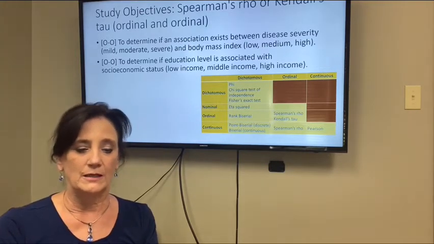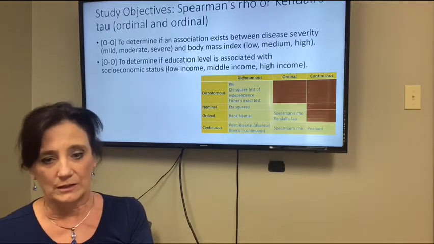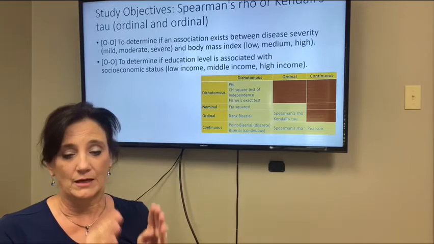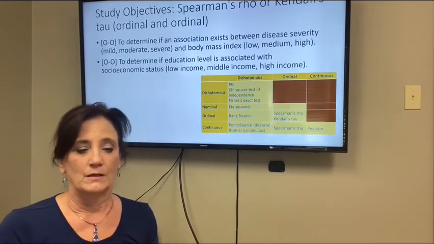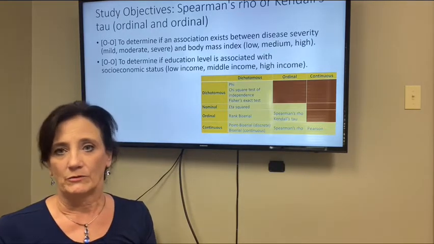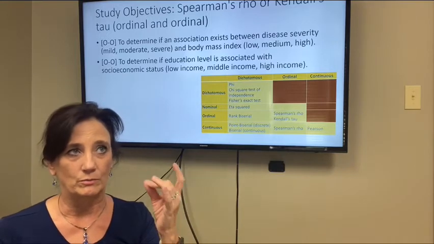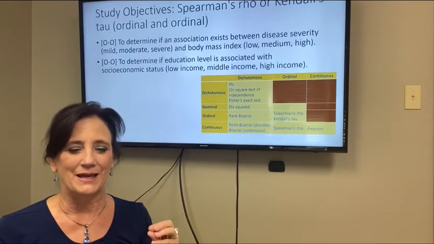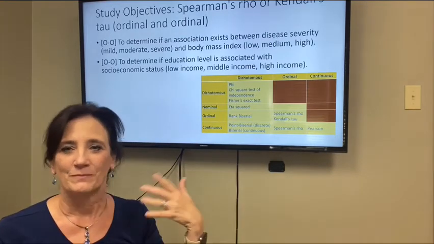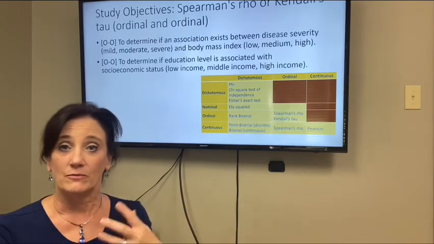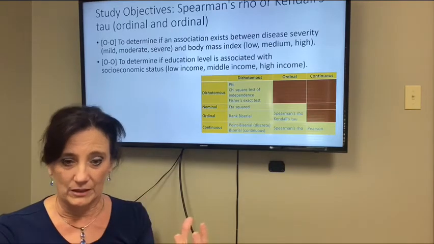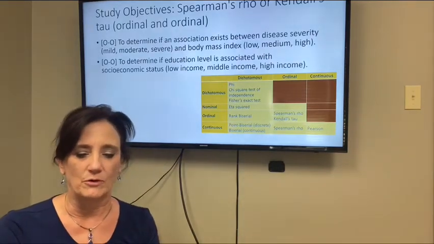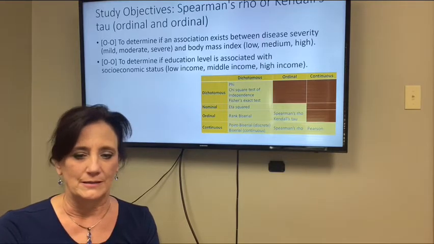Disease severity classified as mild, moderate, and severe. Body mass index classified as low, medium, and high. Education level: high school, bachelor's, master's, PhD. And socioeconomic status: low, medium, and high. So that gives you some examples of how you might think about ordinal variables. And then you can choose either Spearman's rho or Kendall's tau for that analysis.